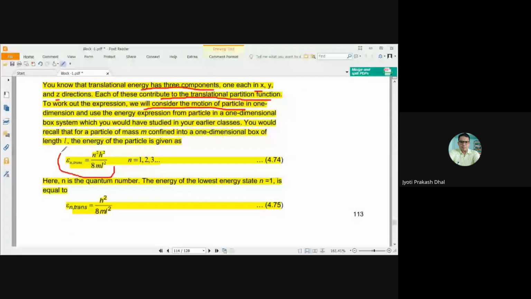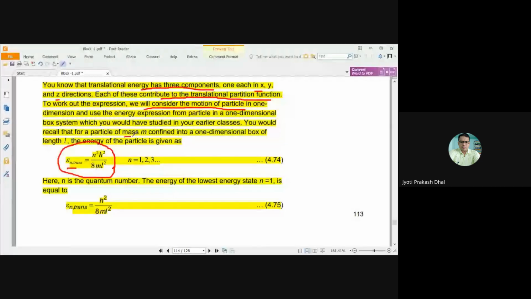So that is epsilon n translational equals n square h square divided by 8 m L square. Again, epsilon n translational equals n square h square divided by 8 m L square.